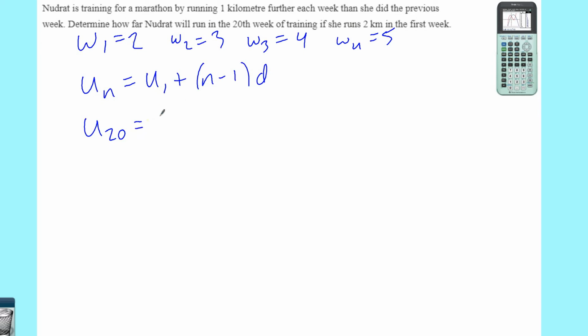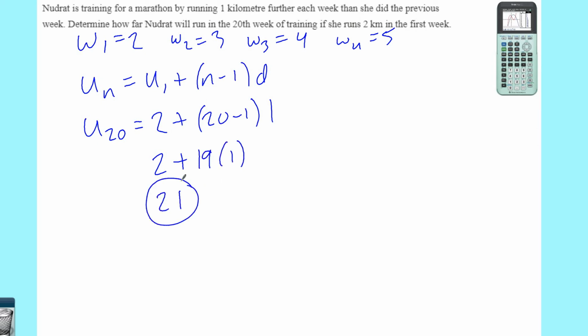Well, the first term is 2, and the 20th number in line, so 20 minus 1, and the difference is 1, running 1 kilometer each week. So 2 plus 19 times 1, so she runs 21 kilometers.